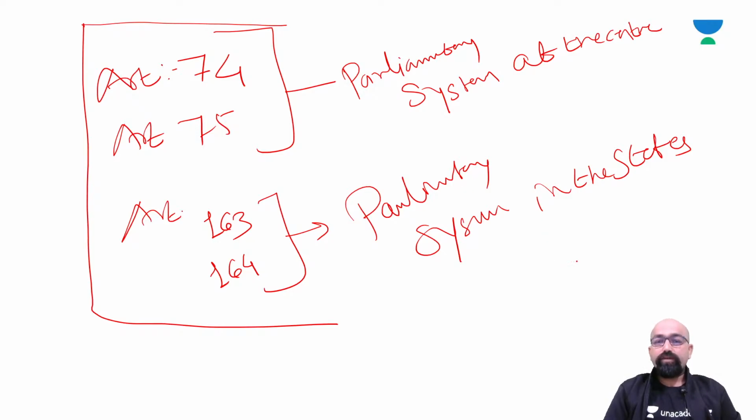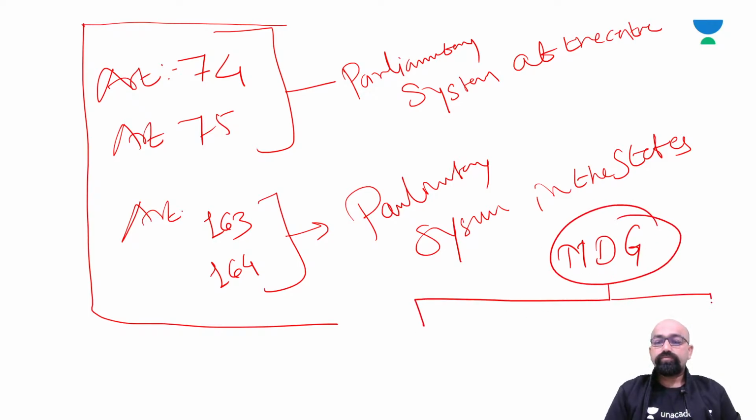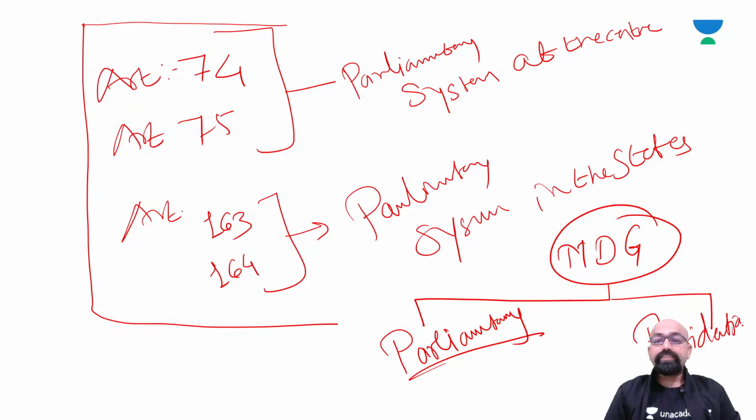Now, if we are talking about modern governments, modern democratic governments are classified into two types. One is parliamentary government and the second one is presidential government.